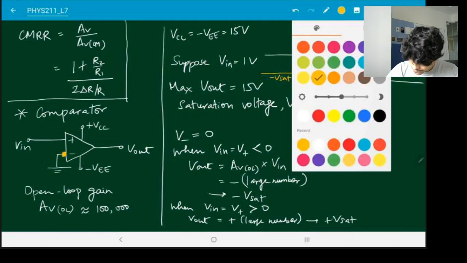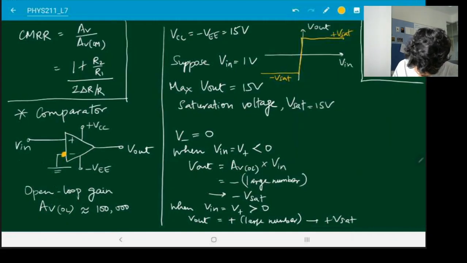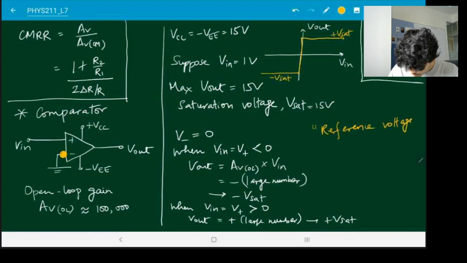This value over here, this V minus, is called the reference voltage. Right now our reference voltage is 0 volts, which is why the moment your input crosses 0, once input goes from negative to positive, the state changes. That is why this voltage is also called the trip point or the trip voltage.